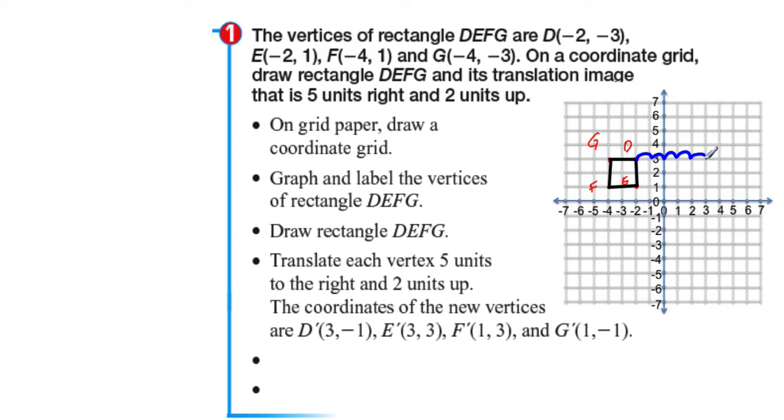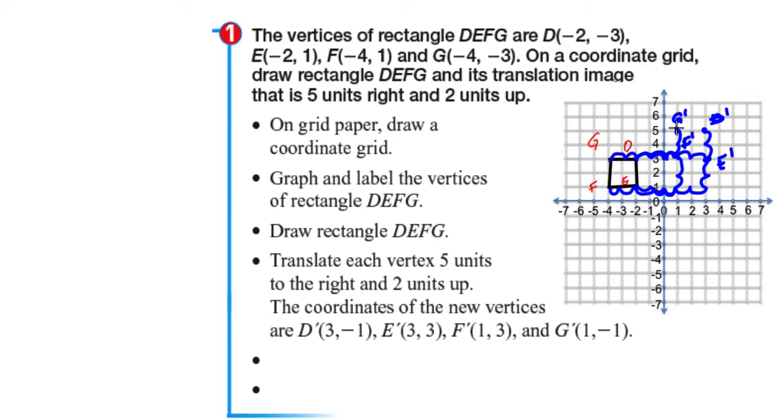That's D prime. Then 1, 2, 3, 4, 5 and 2 units up. This is G prime. Again 1, 2, 3, 4, 5, and 2 up. This is E prime. And 1, 2, 3, 4, 5 and 2 units up. This becomes F prime.